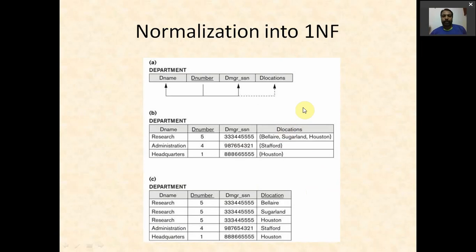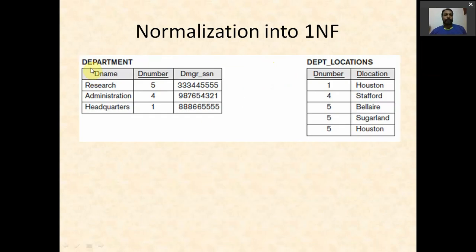Here the department location is a multi-valued attribute. So we separate that attribute. We remove that attribute from this table and we create a new table which consists of this multi-valued attribute and the primary key of this table. So this table can be normalized like this. The department table will consist of D name, D number and D manager SSN.